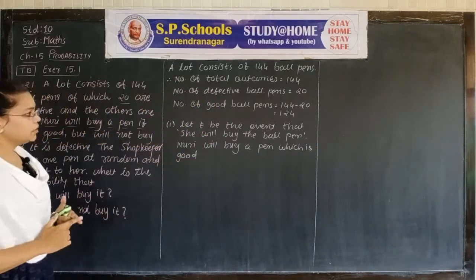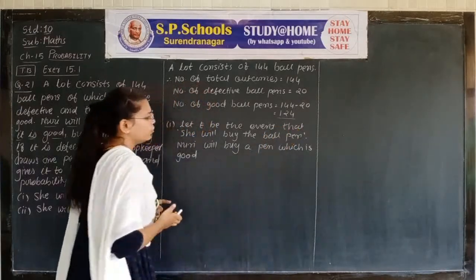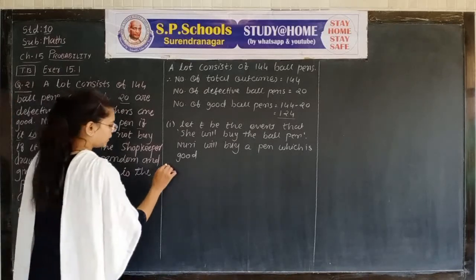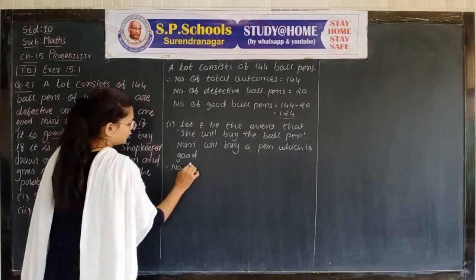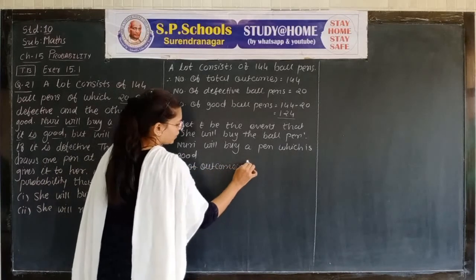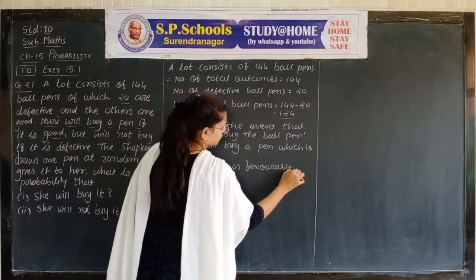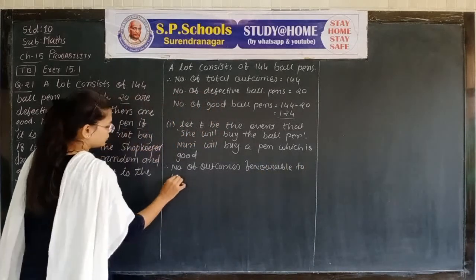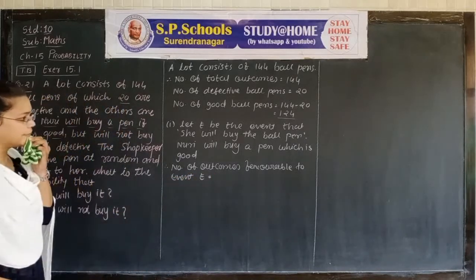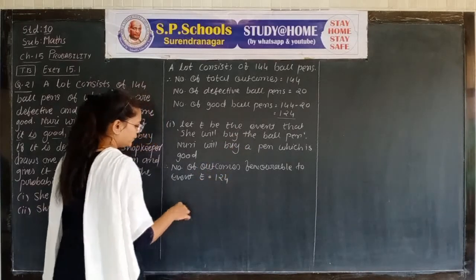Therefore, the number of good ball pens is 124. 124 ball pens are ones Nuri would buy. Therefore, the number of outcomes favorable to event E is equal to the number of favorable outcomes, the good pens, 124.